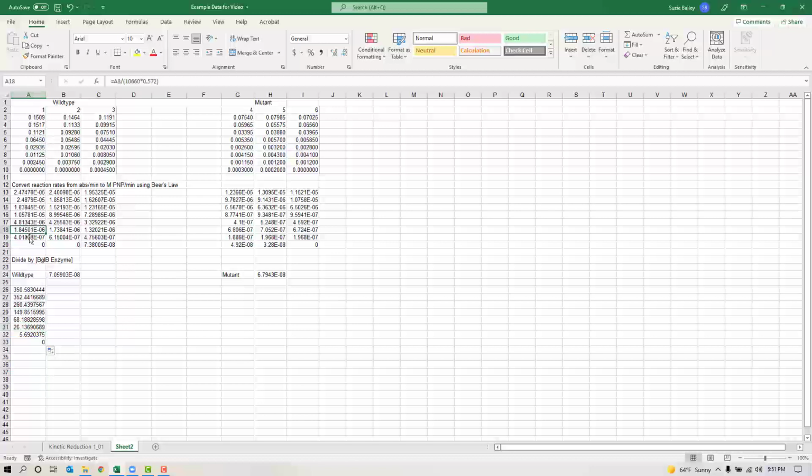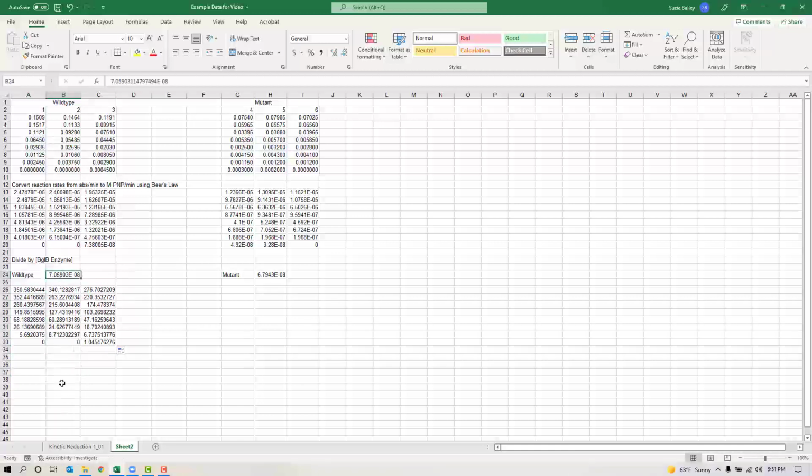Column A, row 18, and that's exactly what it used. And it divided it by that value in column B, row 24. So exactly as we expected. So we can click and drag once again, grab that little green square, and copy it over. And so now this calculation has been repeated for these 2 columns of data, dividing by this enzyme concentration.